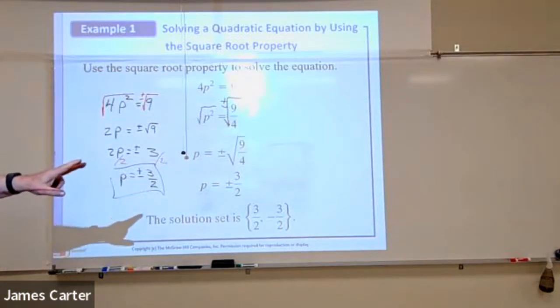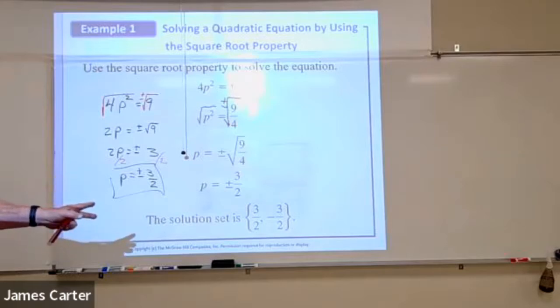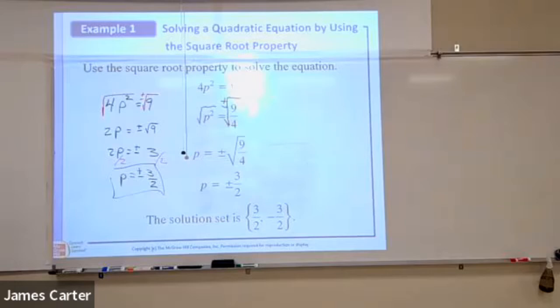Now, questions about this problem again? Yes. Why wouldn't you do both square roots at the same time? What do you mean? Why would you leave the plus or minus square root of 9 instead of Point here is 2p.